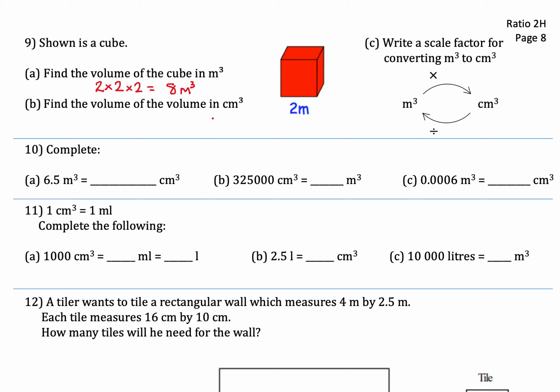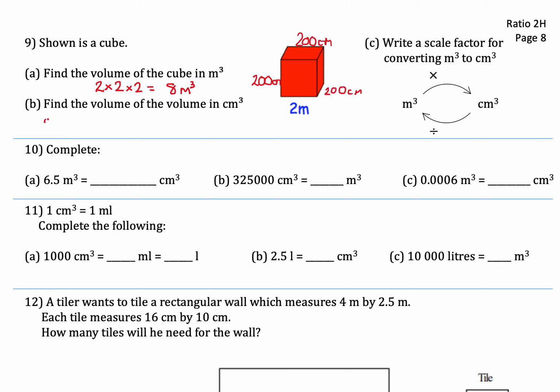Find the volume in cubic centimeters. So the easiest way to do this, rather than just know the scale factor, which is what this question is kind of trying to get us to discover, is to just write down this length in centimeters. So we know that there are 100 centimeters in a meter. So this cube is 200 centimeters by 200 centimeters by 200 centimeters.